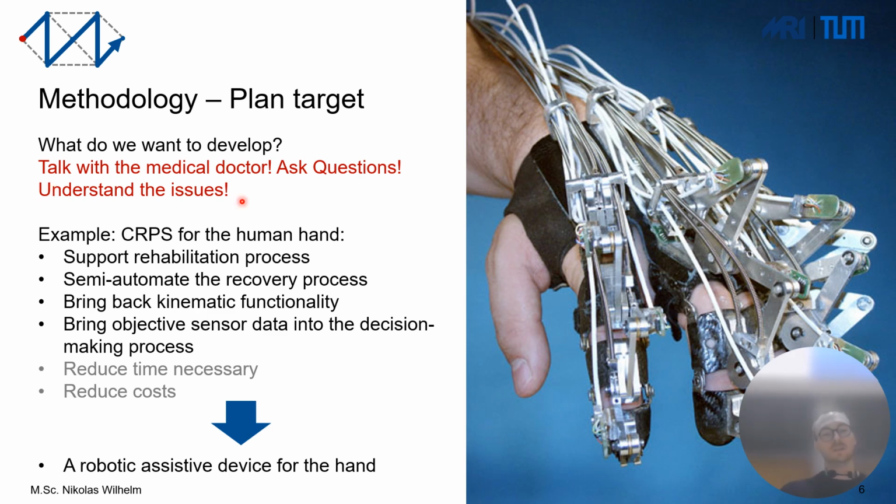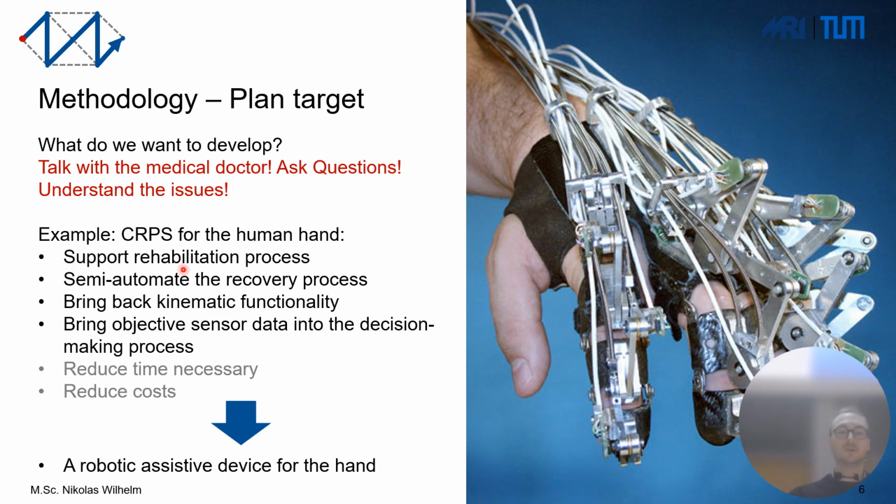One of the main things they told me is that the rehabilitation is very difficult because it requires a lot of time. The problem is the patient does not want to move the hand because it's very painful to keep moving it, and we need to find solutions on how to motivate that patient to do the rehabilitation.